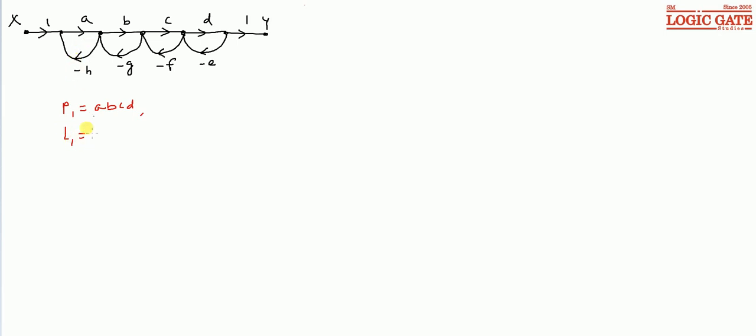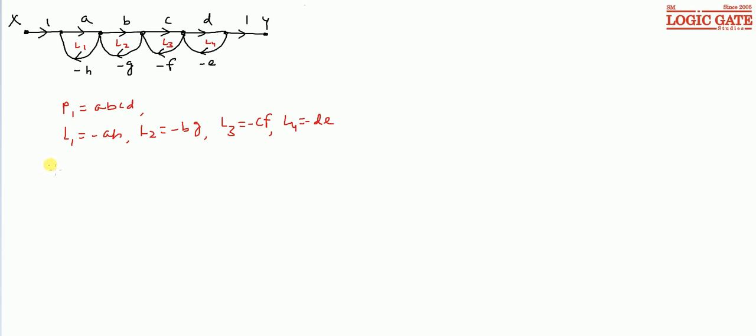L1 is minus AH, the second loop with gain B minus G, so minus BG, the third loop with gain C minus F, so minus CF, and the fourth loop with gain minus DE. Now these are L1, L2, L3 and L4.